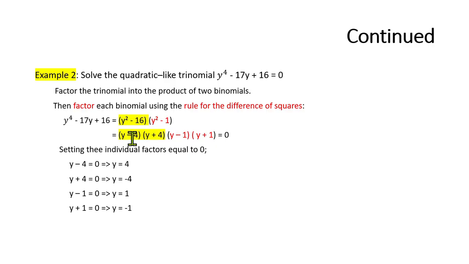But this y squared minus 16, again you can factor it, y minus 4, y plus 4, and y squared minus 1 you can also factor, y minus 1, y plus 1. So you have 4 factors, and you can solve by setting each factor equal to 0. So y minus 4 equals 0, y equals 4, y plus 4 equals 0, y equals minus 4, y minus 1 equals 0, y equals 1, y plus 1 equals 0, y equals minus 1. Okay.